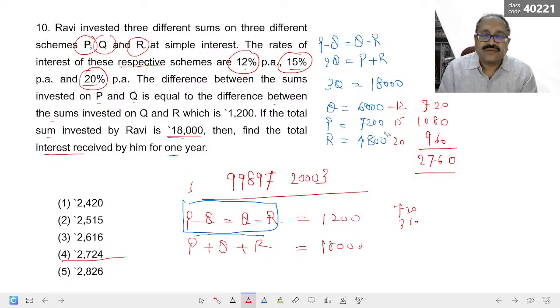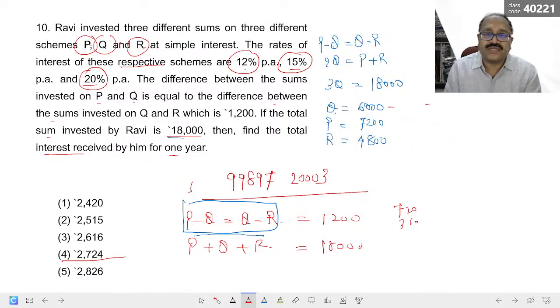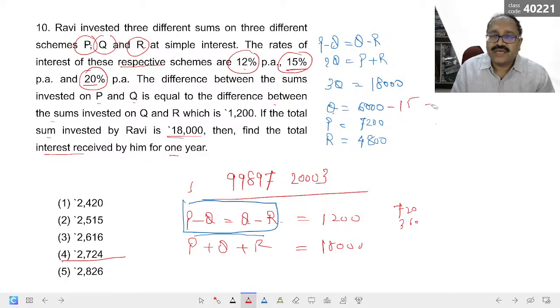So that is what is in PQR. Okay, the order which I wrote over here is different. Look at this one. This is Q, and for Q the rate of interest is 15%. Yes Pritam, 15%, and 15 times 6 is 90, so here it is 900. In P the rate of interest is 12%. 12 times 2 is 24, carry 2, 12 times 7 is 84, plus 2 is 86.